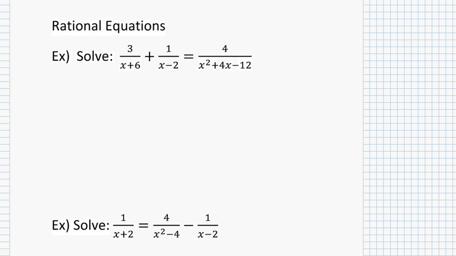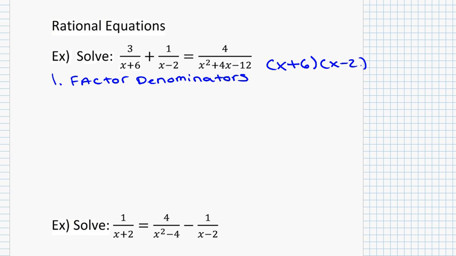So that brings us to rational equations, where you have a rational expression and you want to get rid of the denominator. The first thing you want to do is factor the denominators. So notice x squared plus 4x minus 12 factors to x plus 6 and x minus 2.